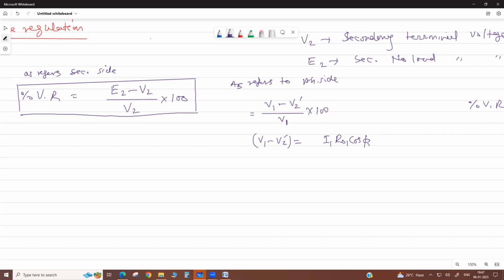Basically it is cos phi 1, but we take the phi 2 value, same. Plus I1 X01 sin phi 2, divided by V1. Please remember V1 into 100 if you calculate as a percentage. This is the voltage regulation as referred to the primary side.